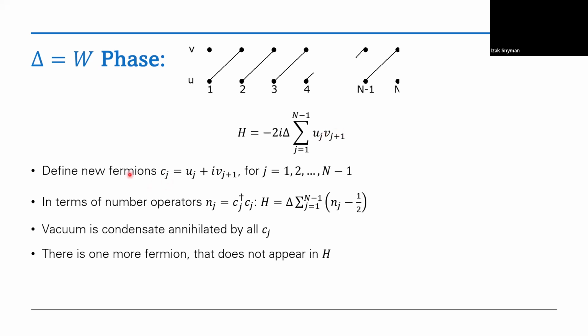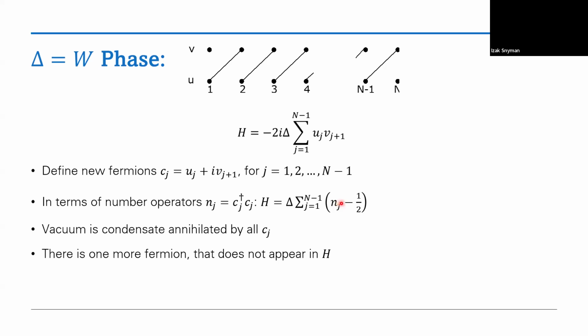And then it's kind of obvious what you should do. You should define new fermions where you pair the real part of psi j with the imaginary part of psi j plus 1. And in terms of these fermions, the Hamiltonian is diagonal.